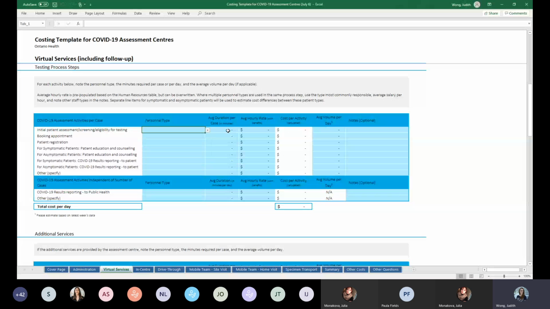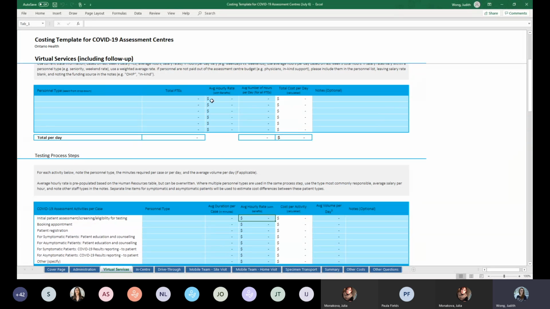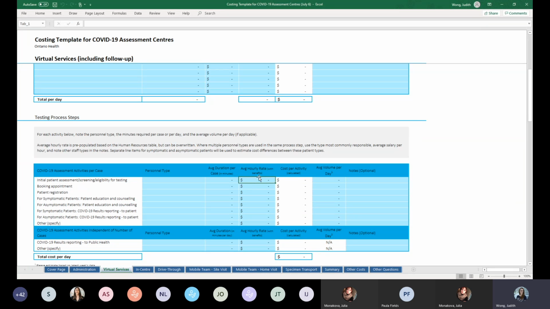How long does it take for an average or typical case? What is their salary rate? There is a formula in this cell that will pull the rate from the table above, so you don't need to re-enter it if it's the same, but you can overwrite it if for some reason the salary rate is different from the table above, as well as the average volume per day.